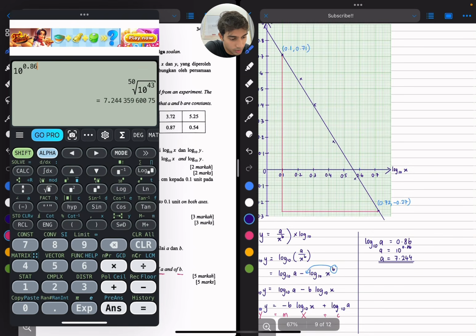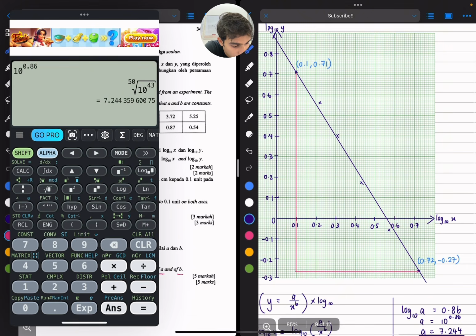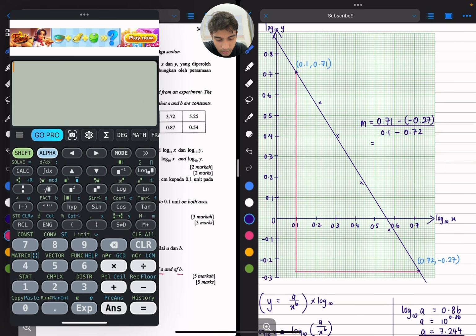So gradient is y2 minus y1 over x2 minus x1. 0.71 minus 1 minus 0.72. We get negative 1.5806.